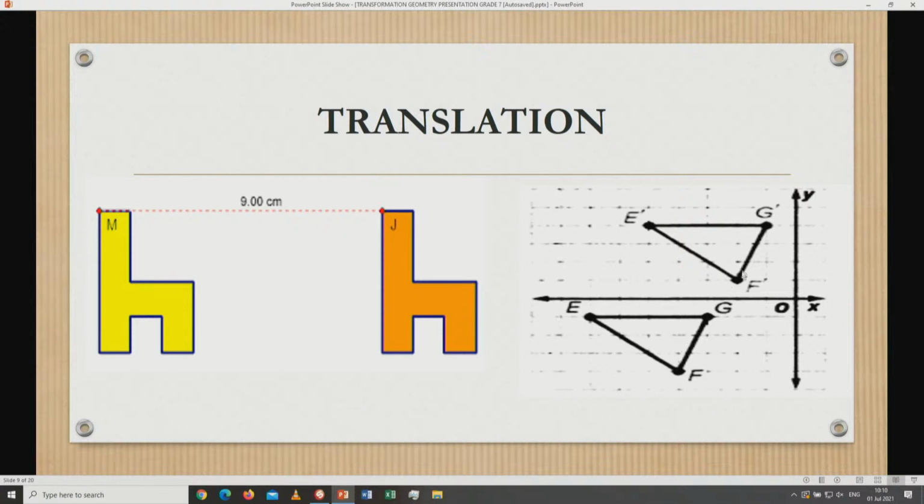The distance between the points did not change as well. So it was only translated. This is a typical picture that we're going to come across. In fact, we are going to do them together so that we understand how to translate the shape. Right. Let us get to it.